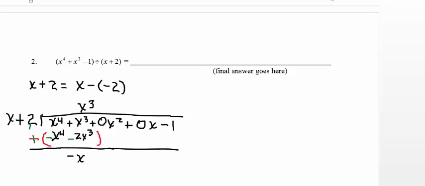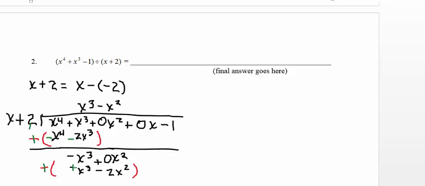So x cubed plus a negative x cubed is negative x cubed, I'm sorry. And I'm going to bring down the 0x squared, and I'm going to divide x into negative x cubed, and I get negative x squared. Negative x squared times x is negative x cubed. Negative x squared times 2 is negative 2x squared.